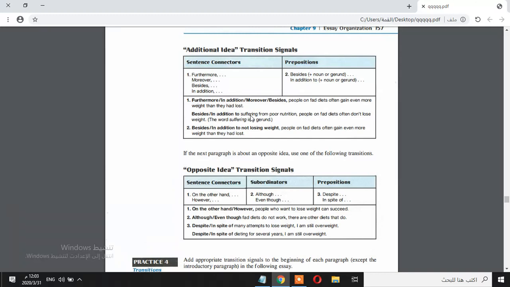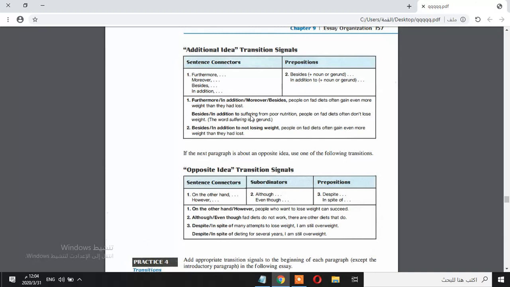Another example. Even though, although, and though are subordinators, which means that these subordinating words or connectives come in complex sentences, in the part that depends on the previous one.